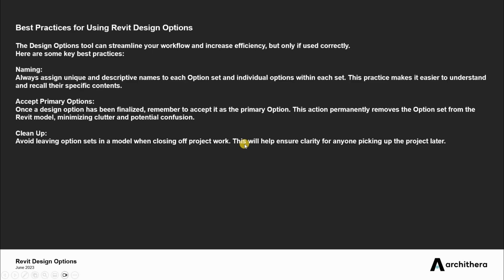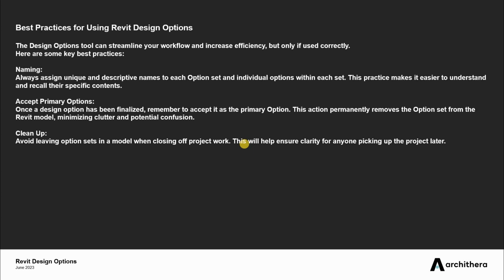Great. And the best practices for using Revit Design Options. Design options are great for streamlining your workflow, but only if they're used correctly. So the first thing is naming. Make sure you name your option sets and the individual options in the option set with unique names that help you tell them apart.